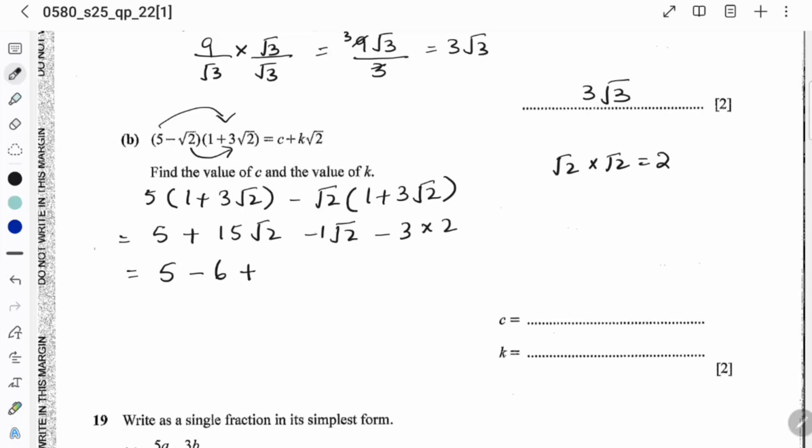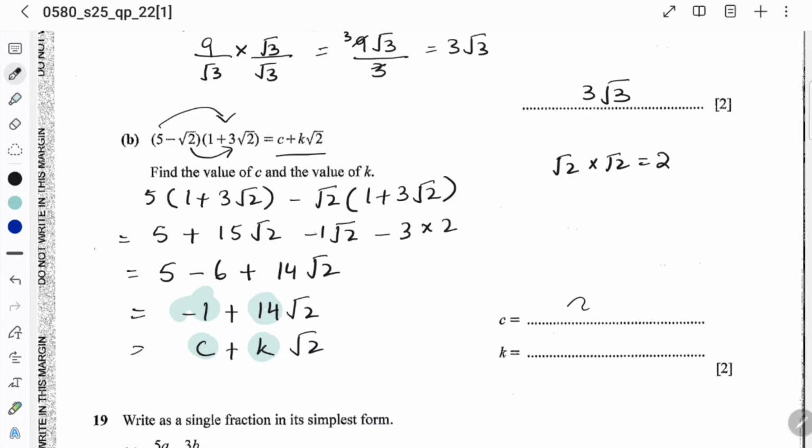Okay, so 15 minus 1 is 14 square root 2. 5 minus 6 is minus 1 plus 14 square root 2. Now we can easily compare it. c plus k square root 2. It means that c is minus 1 and k is positive 14.